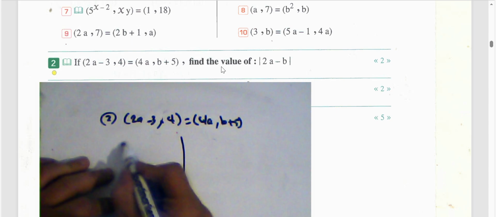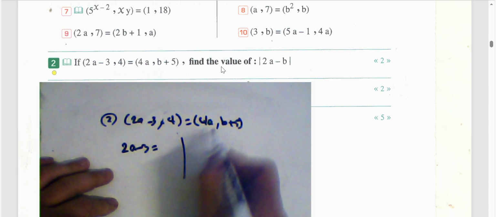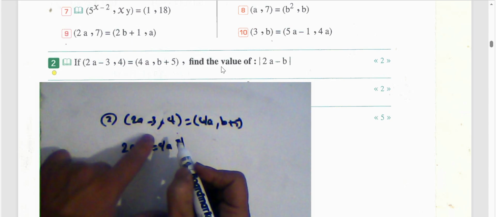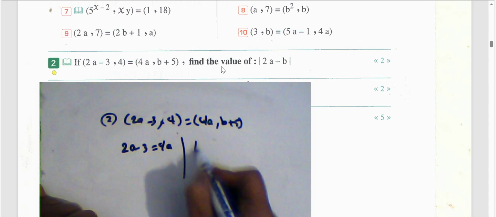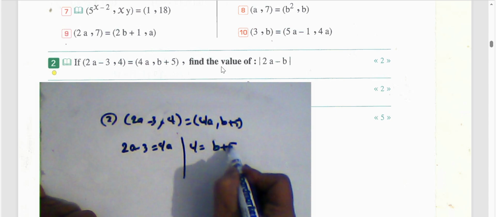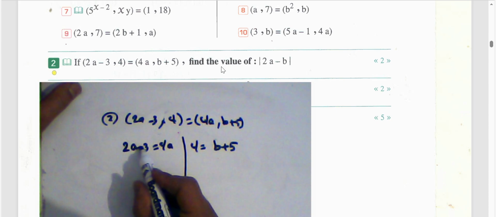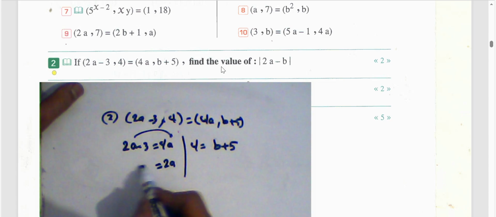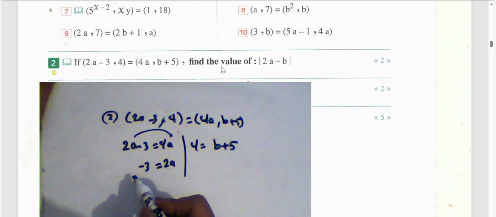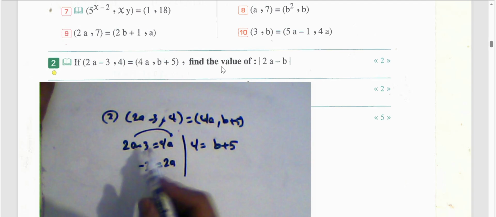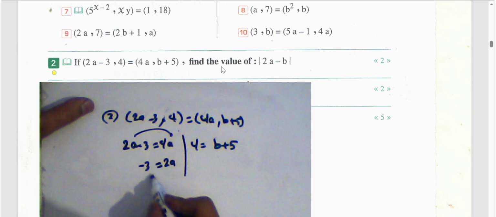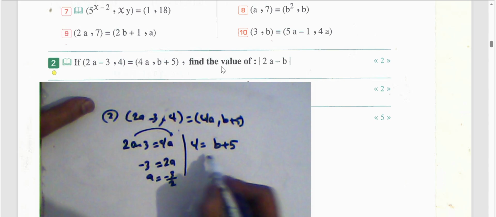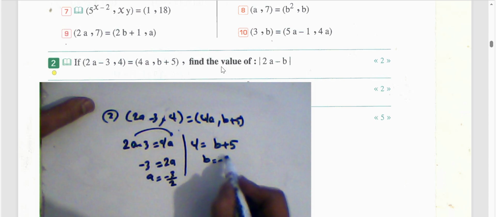Okay, first by first, then we can write 2a minus 3 equals 4a and 4 equals b plus 5. We can move 2a: subtract 4a, equals negative 2a, so 2a equals negative 3. Understood? The result we can divide by 2, that a equals negative 3 over 2, and b equals 4 minus 5, negative 1.